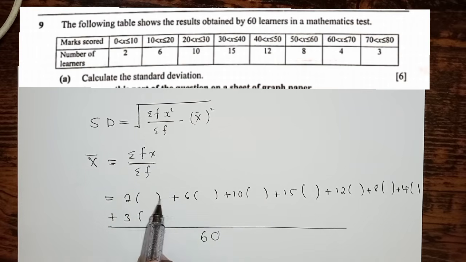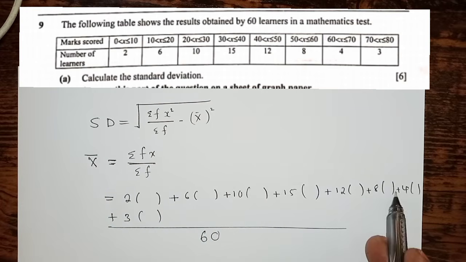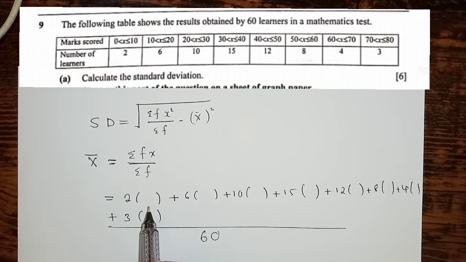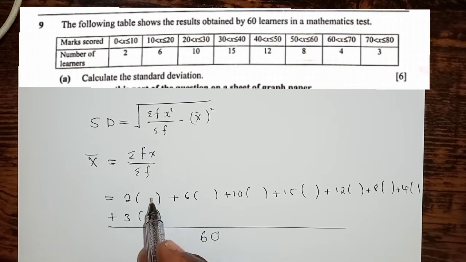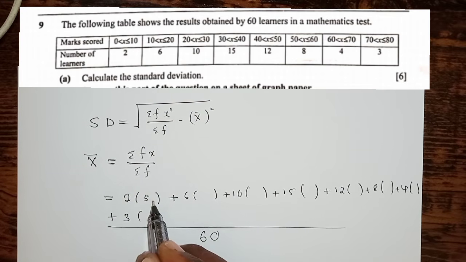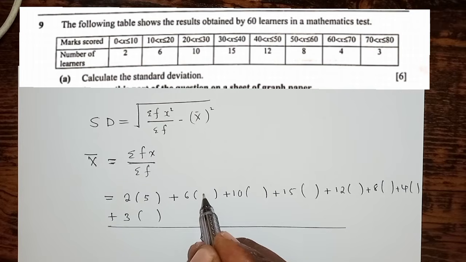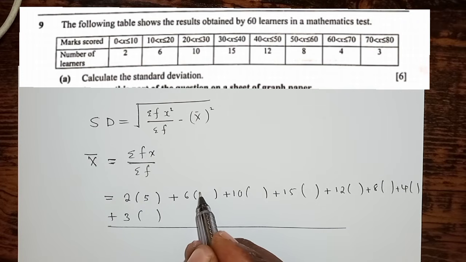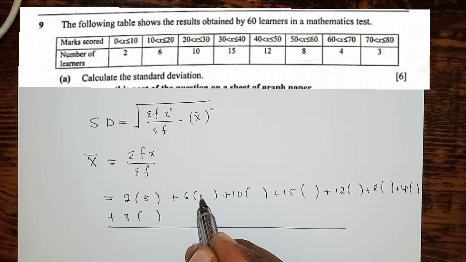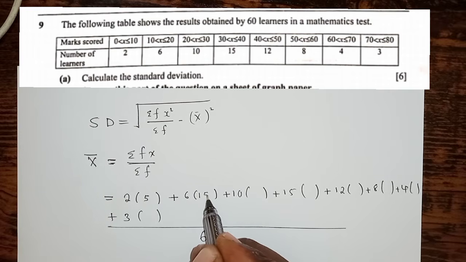Okay. So now what we're supposed to put in these brackets is the midpoint. So for example, where 2 is there on top, the range there is from 0 to 10. So what is the number in between? It's 5. Between 10 and 20, where 6 is, the number in between is 15.